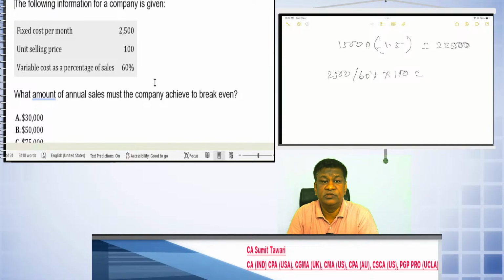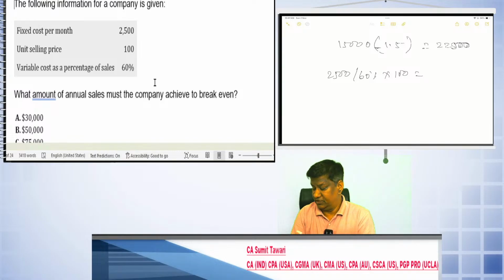No, 2,000 fixed cost. Okay, this is per month. So 2,500 multiplied by 12, 30,000 divided by 0.6. I got 75,000, sir. One minute. Right.